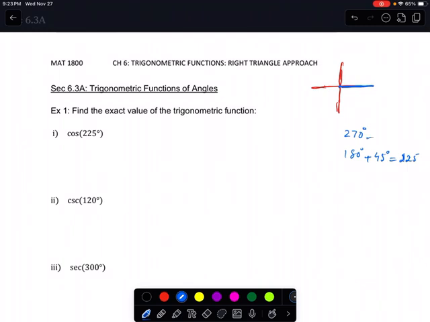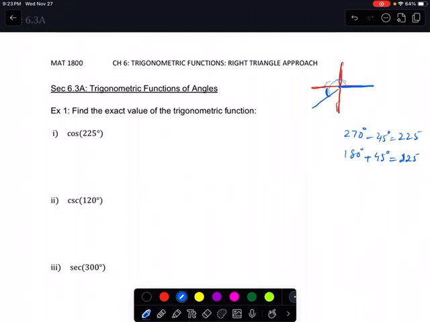And in this other case, if I subtract 45 from 270, I'll get 225. So you can check that. So now we know that our terminal ray will be, if we go with 180 and then pi over 4, here.